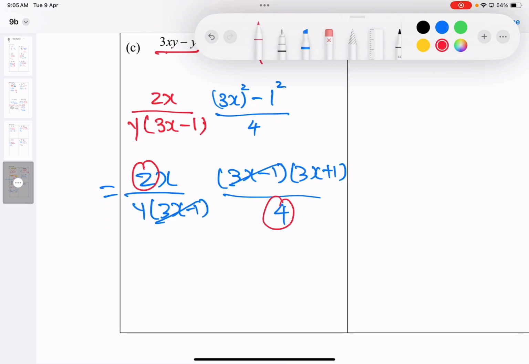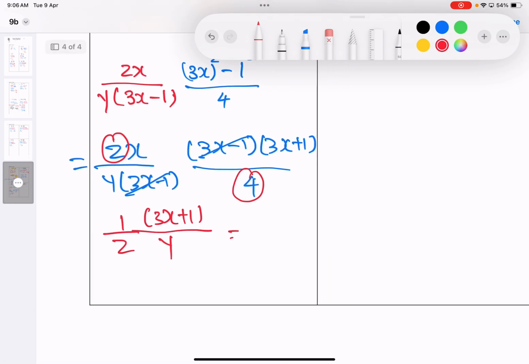Numbers, I can just enter in the calculator. 2 divided by 4 gives me half. The rest, I can just write it down. 3x plus 1 over y. So my final answer, 3x plus 1 over 2y. I just multiply. Anything times 1 is just the number itself. So I get this final answer. Yes.